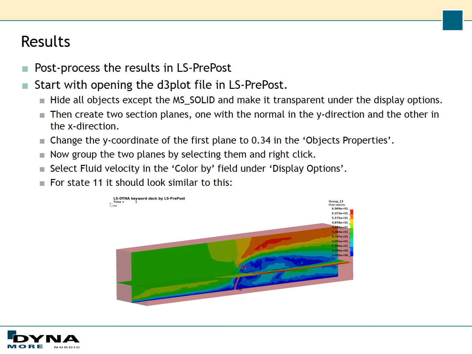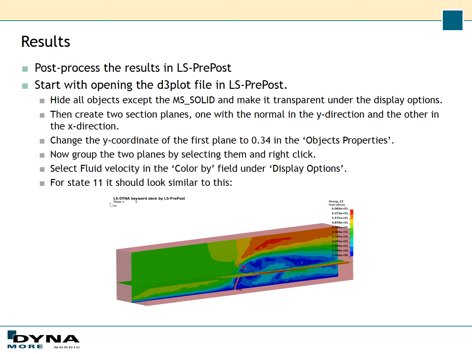And then right click on MS Solid and create 2 section planes, one with the normal in the Y direction and the other with the normal in the X direction. And change the Y coordinate of the first plane to 0.34 in the object properties under that section plane.